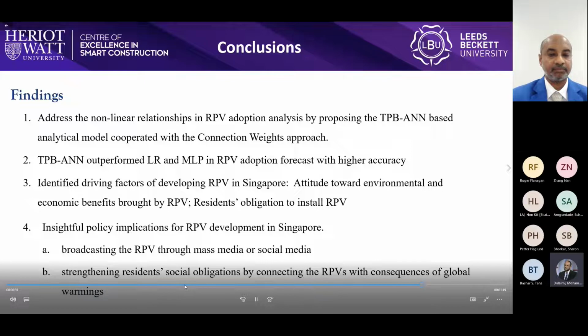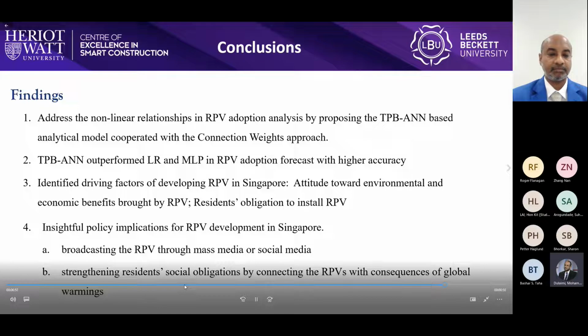In addition, the identified driving factors are consistent with the SEM result. This study found the consumer's attitude towards environmental and economic benefits brought by RPV and residents' obligation to install RPV significantly influenced the household intention of installing RPV.